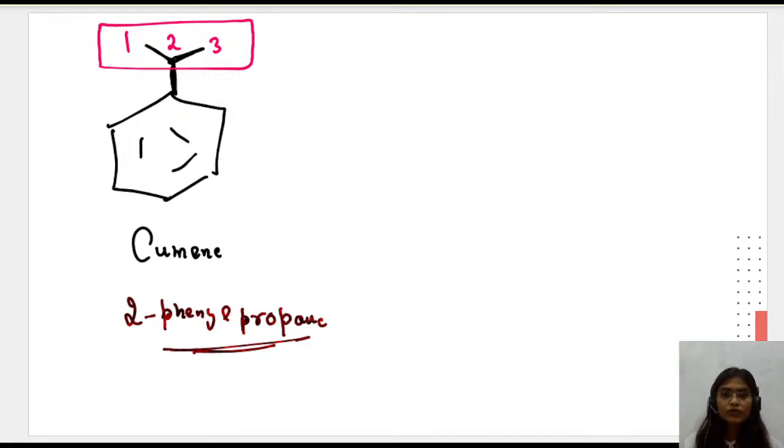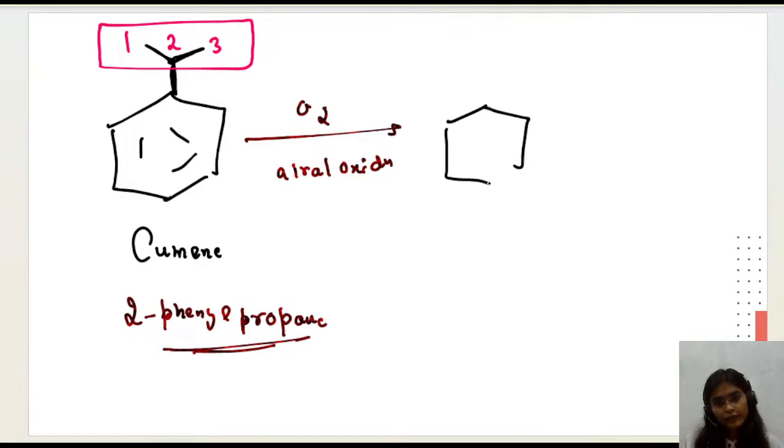Then first of all, in this case we are going to add the oxygen simply, or you can observe it's an aerial oxidation. It means in air you are going to oxidize it. So what we are getting here is a benzene, and this is the thing we get in the very first step.